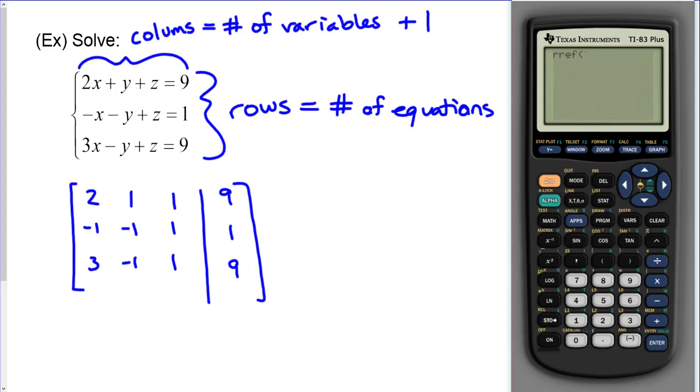So I'll hit enter, and it waits for me to tell it which matrix I want to do the row reduced echelon form on.